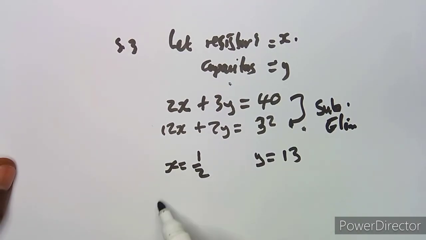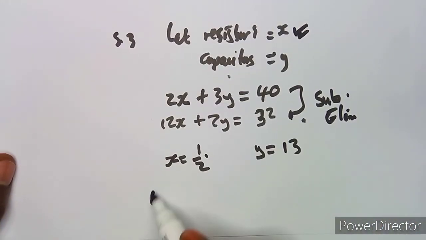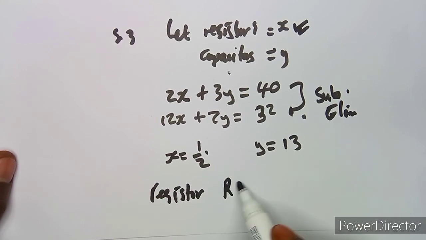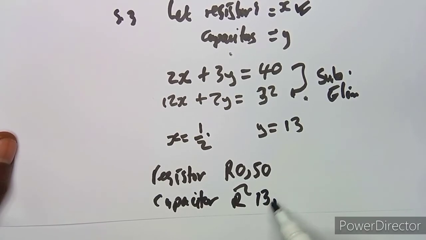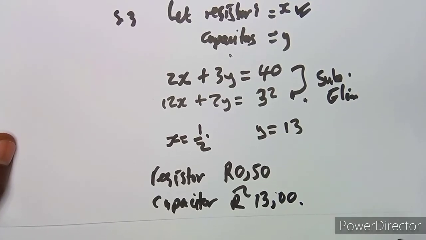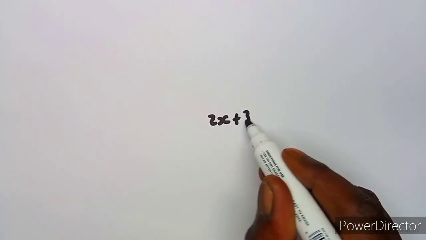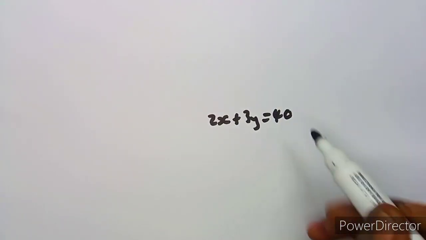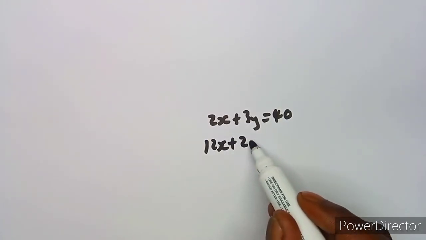Which means X, the resistor, is a half, so each resistor is going to cost 0.50 rand, and each capacitor is going to cost 13 rand. So this is the amount, guys.